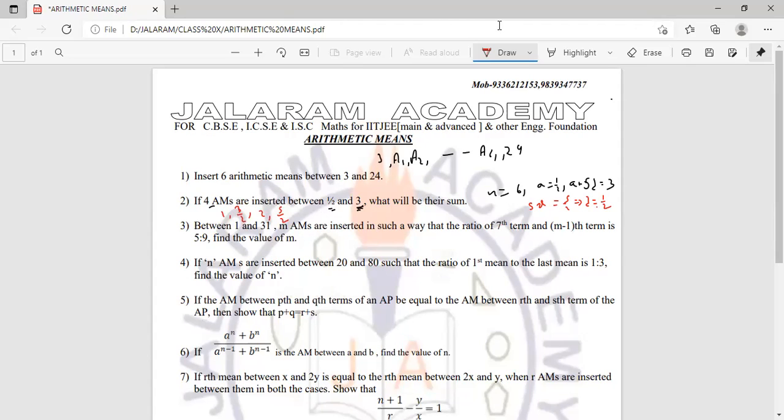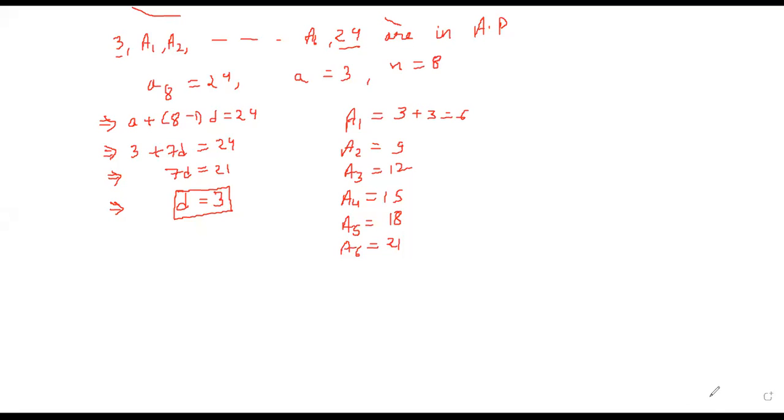Okay, between 1 and 31, m AMs are inserted, which means the first is A1, second is A2, and so on up to the mth AM.